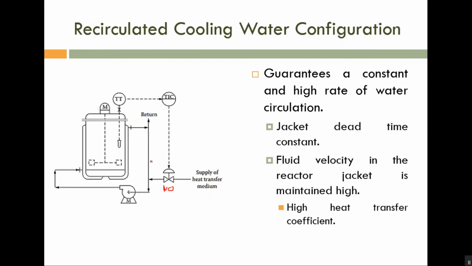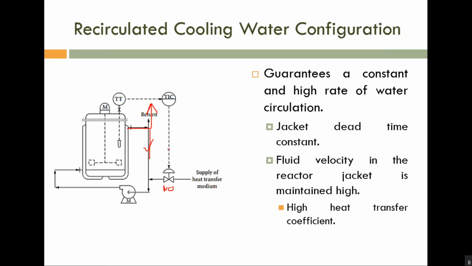Now the additional thing is, this is the direction of the heat transfer medium, like this way. This is the return, the outlet of the heat transfer medium, and you can see that a portion of that return is recirculated to this direction. What is the need of that? From what point of view? We can expect fully closed condition and fully open condition.